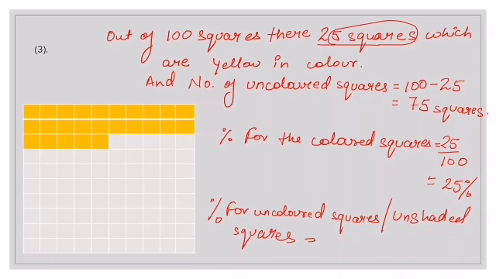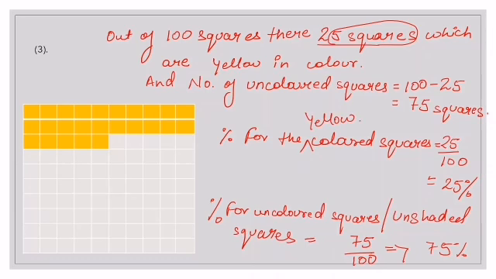So how many squares are there which are uncolored? There are 75 squares out of 100 squares which are uncolored. So in the percentage form we can write this as 75 percentage. This is yellow colored, so we will write yellow color.